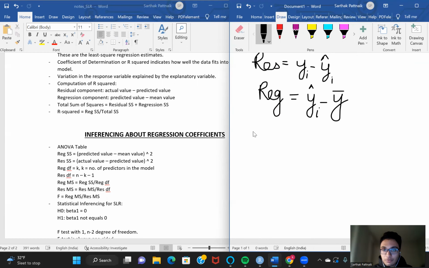So continuing our discussion from here, my residual sum of squares value will be equal to the sum from i equal to 1 to n, considering that there are n points in space.